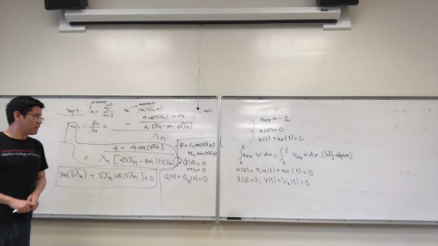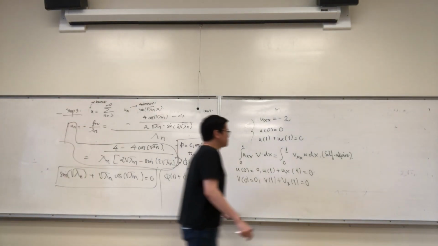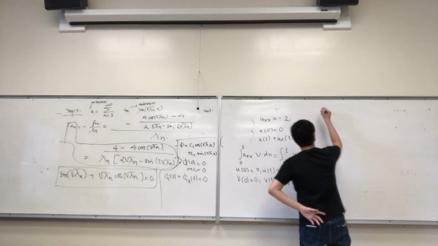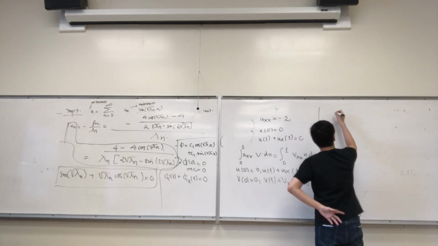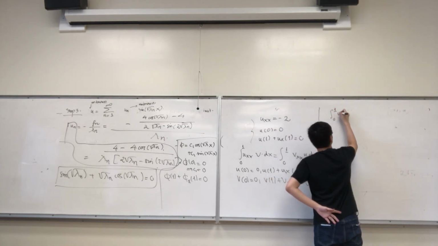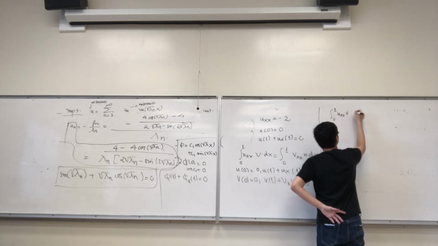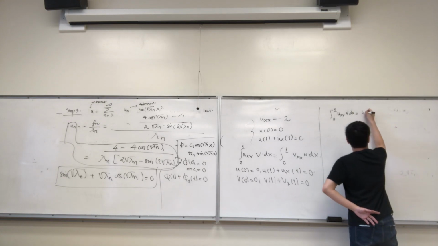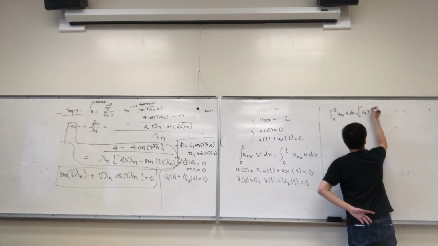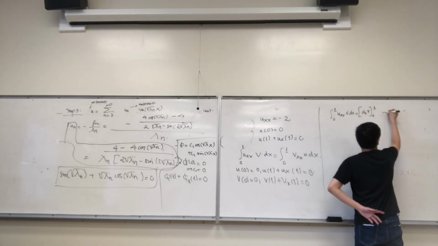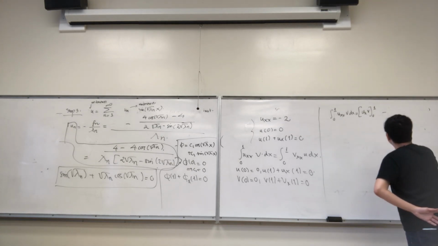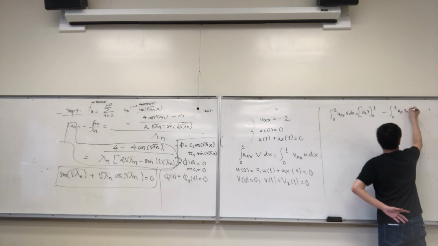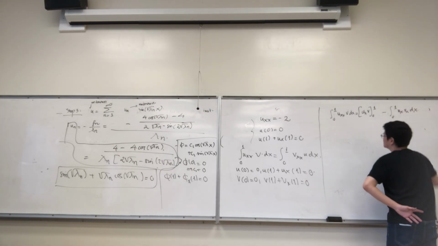Questions? Right, so this is very easy because you're going to do integration by parts, right? So you have the integral from 0 to 1 of u_xx v dx, which will be u_x v evaluated from 0 to 1, minus the integral from 0 to 1 of u_x v_x dx, right?